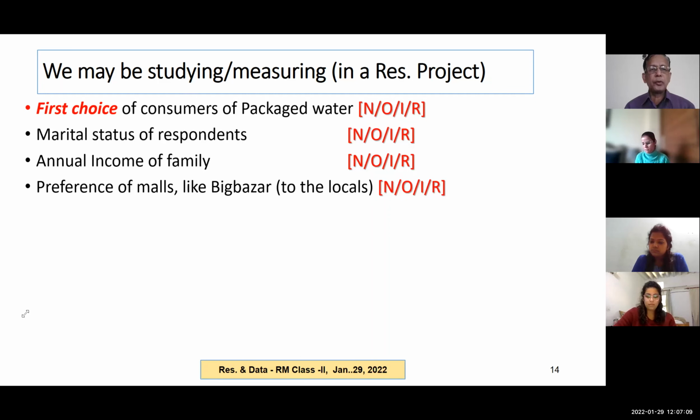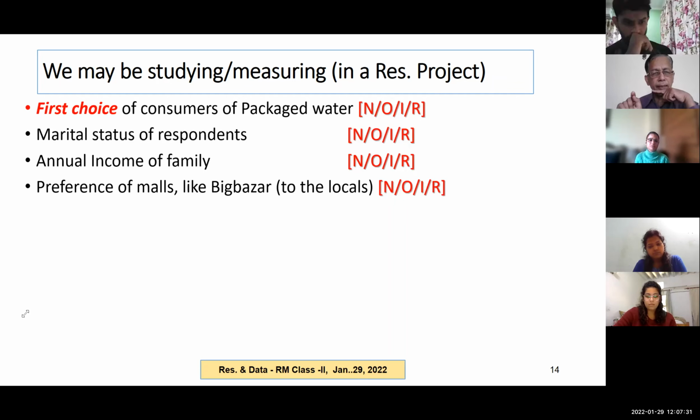Banu, please allow me to interrupt you, but don't forget the question: marital status of the respondent, full stop. But why are we collecting that? When you are analyzing how many are married, that is a different thing. In the questionnaire, one of the questions is marital status of the respondent.